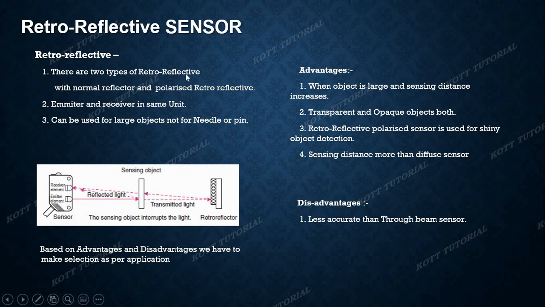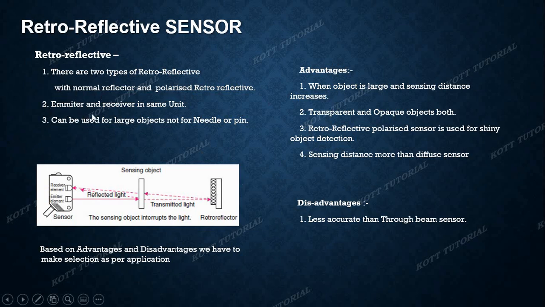In this retroreflective sensor we have two types, depending upon the reflector type: normal reflector type and polarized reflector type. I will explain the difference between the normal reflector and the polarized reflector.